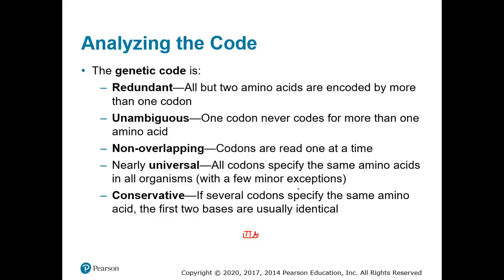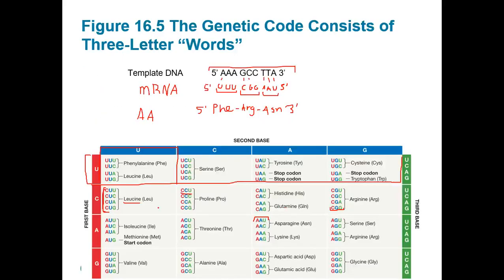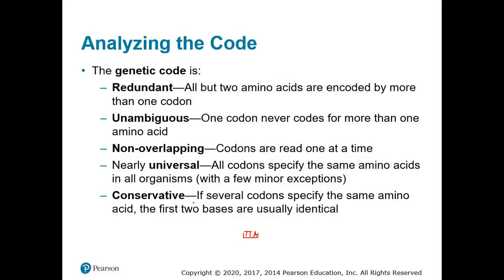Lastly, our code is also conservative. You'll notice if we look at our codons, let's do proline again. The first 2 bases are always identical. CC is always going to be proline, and you'll notice it's just that 3rd base that changes. That's what we mean by conservative.